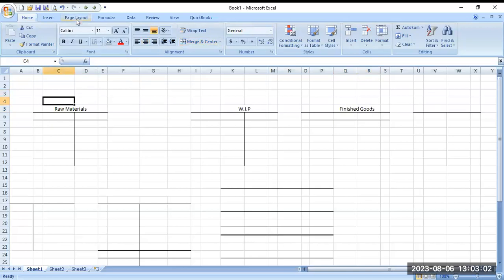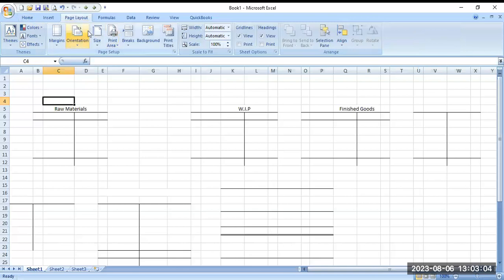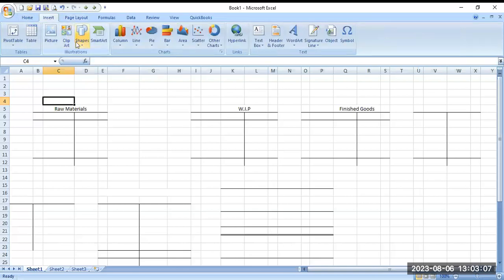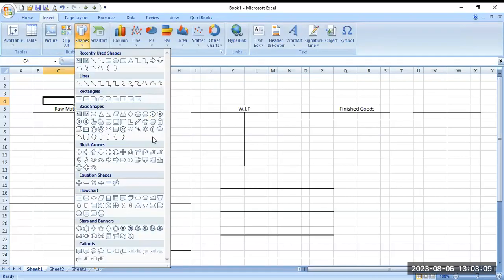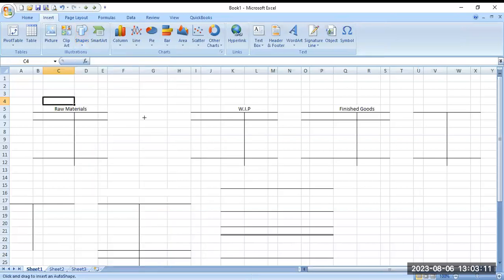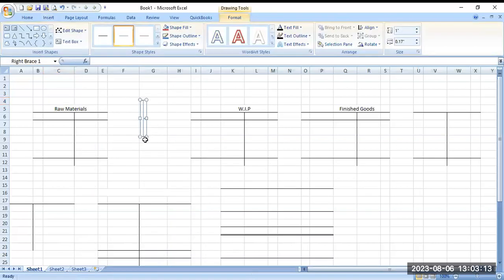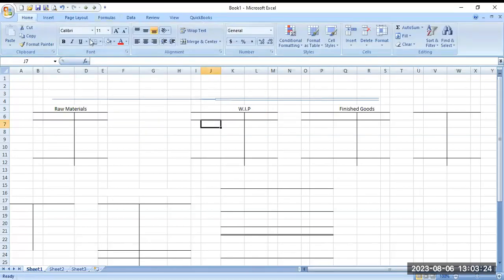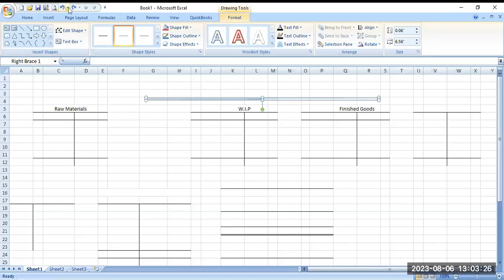Let's make it fancy. Let's insert some shape here. Just a second, let me see what shape I'm looking for. That's the shape that I'm looking for. Is it going to be like this? No, sorry. Let me play a little bit.